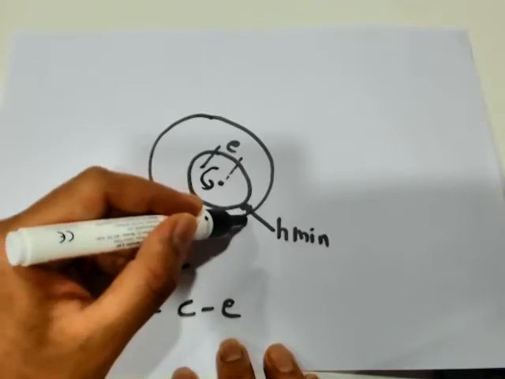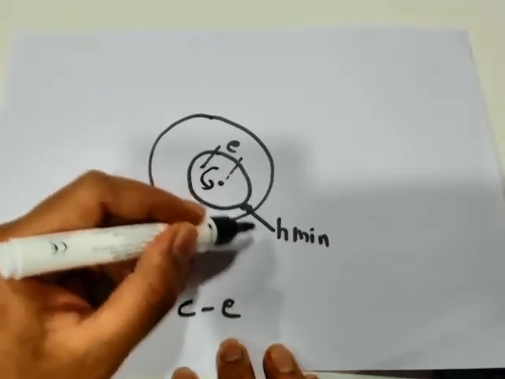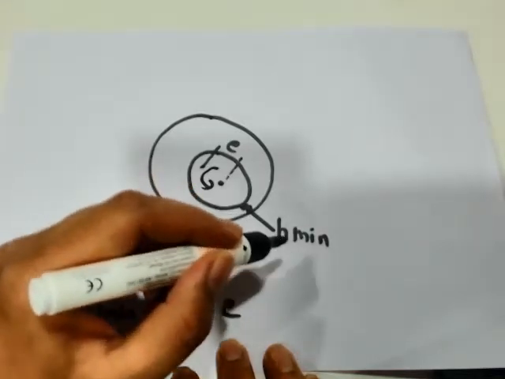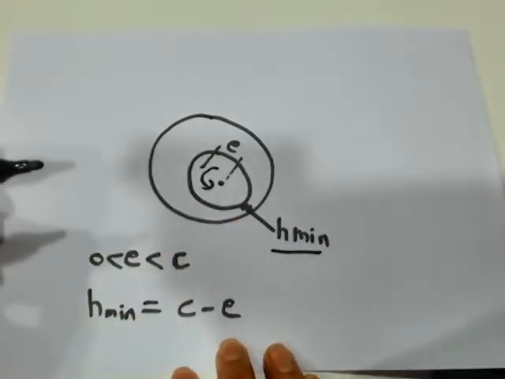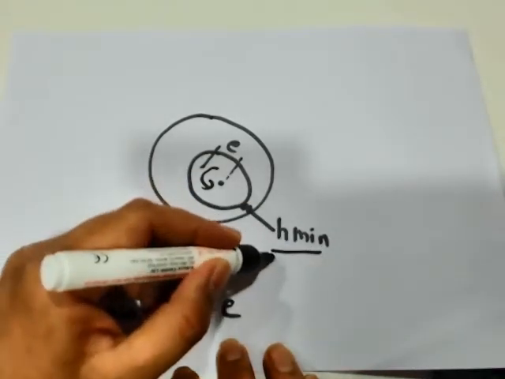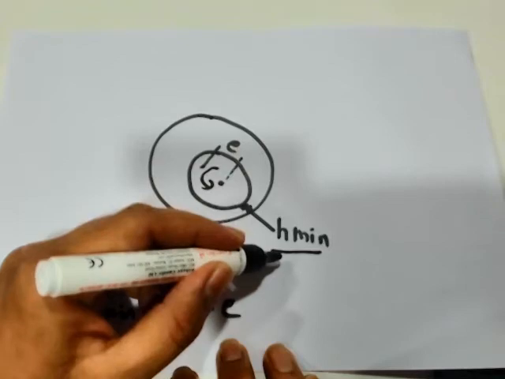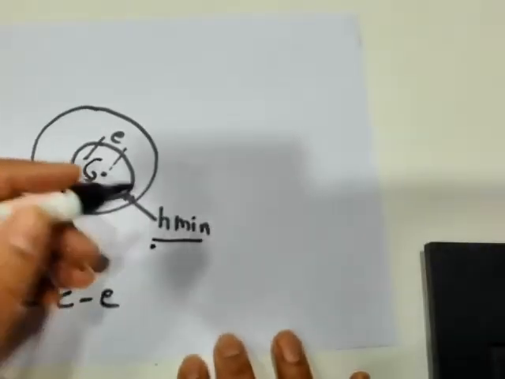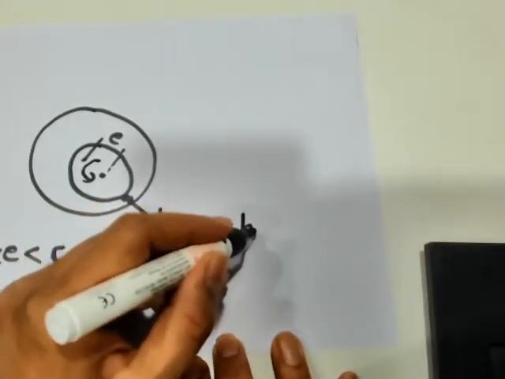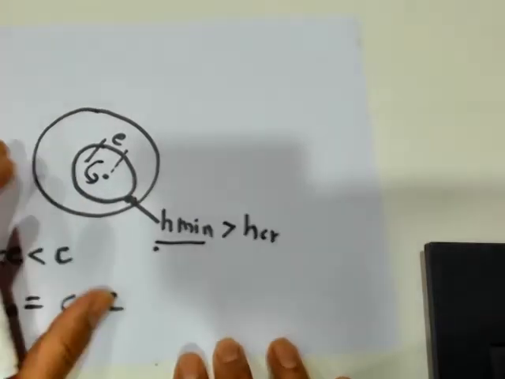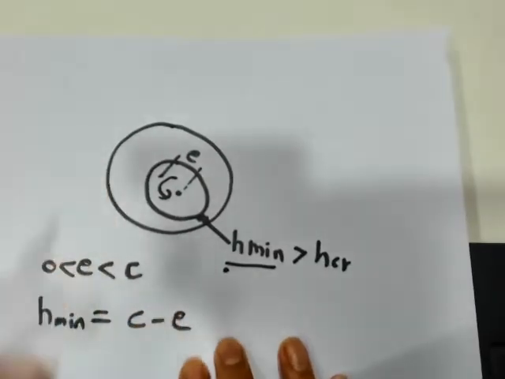This gap between the journal and the sleeve where it is minimum, that is basically the minimum film thickness, and this is what we want to check. If this minimum film thickness is greater than the critical film thickness HCR, then we are safe. However, if it is not, then we have to go ahead and do another iteration of design.